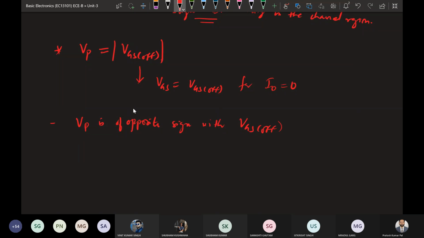So here VP is of opposite sign with the VGS off.